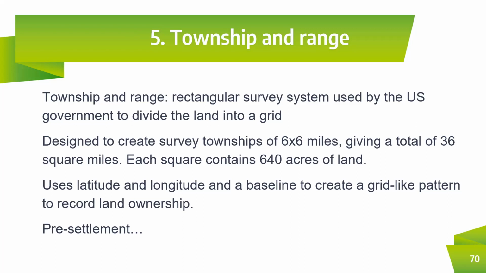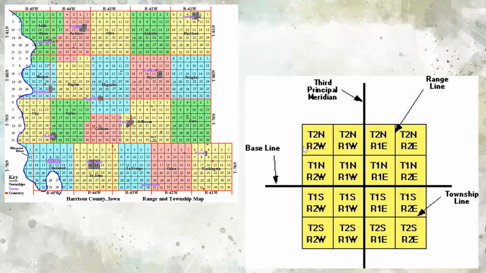So it's pre-settlement. This was mainly practiced as the United States was expanding westward. So you'll find this kind of pattern of neat squares if you're looking from the sky, the further west you go, starting from the East Coast.